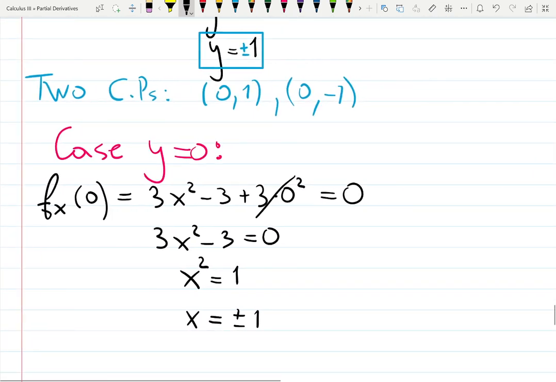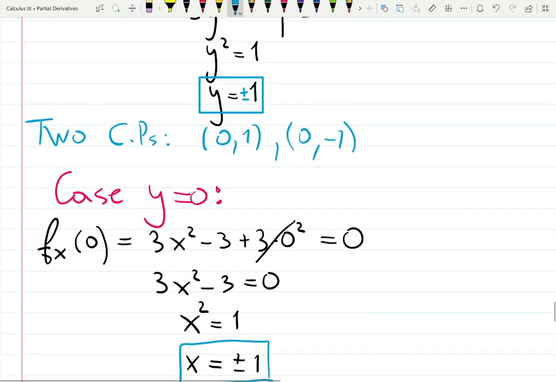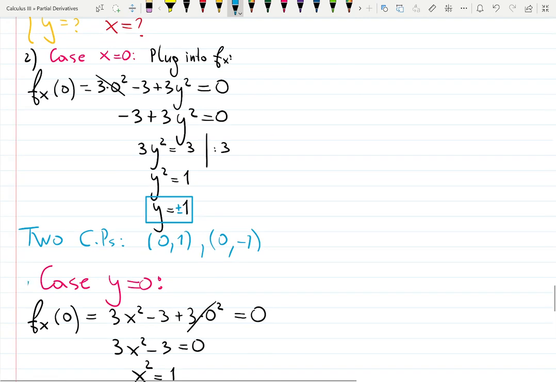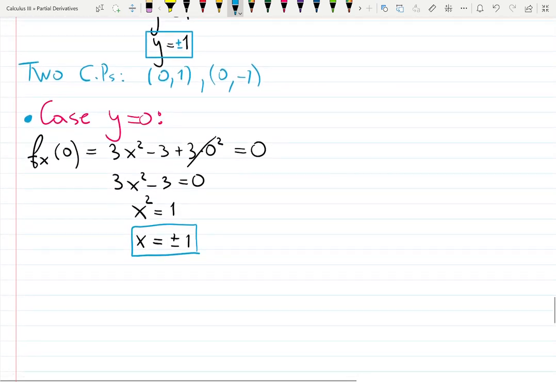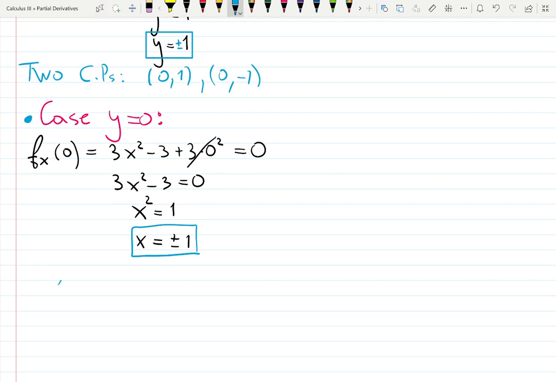No panda is crying today. So there are 2 points from case 2 as well. Let's put a bullet point here and a bullet point here. There are 2 points from this scenario, but now they are 1, 0 and minus 1, 0.